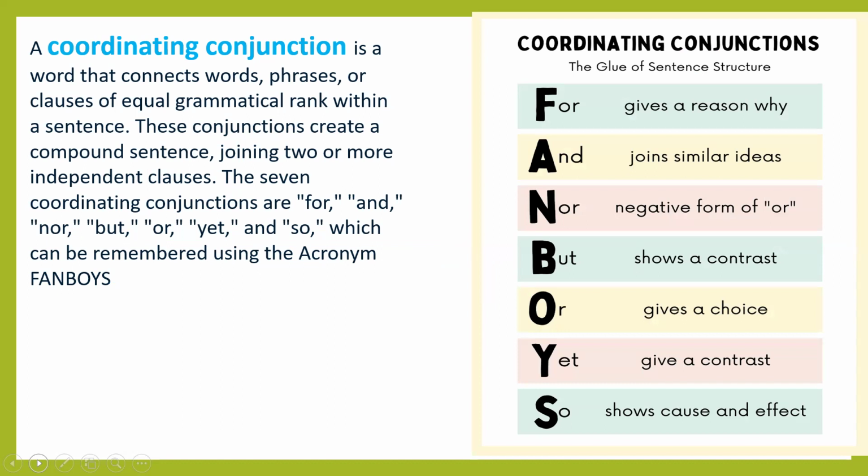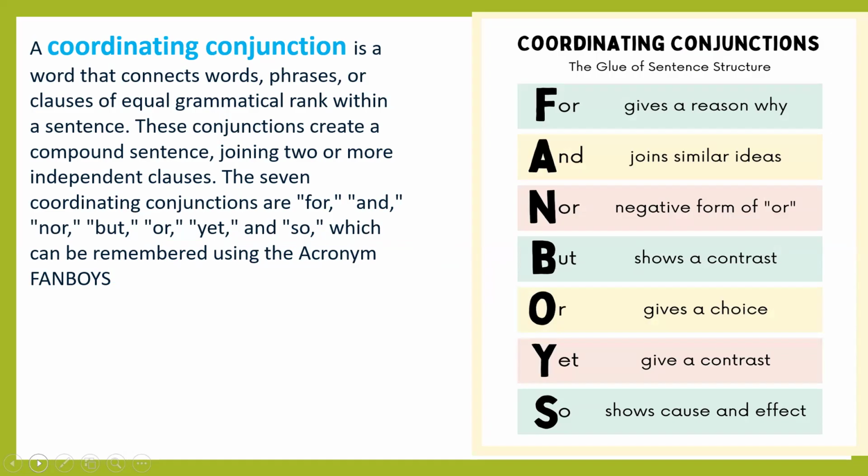So these are the seven coordinating conjunctions, which can always be remembered with the simple and easiest acronym FANBOYS. It is used to connect words, phrases, or clauses of equal grammatical rank within a sentence.